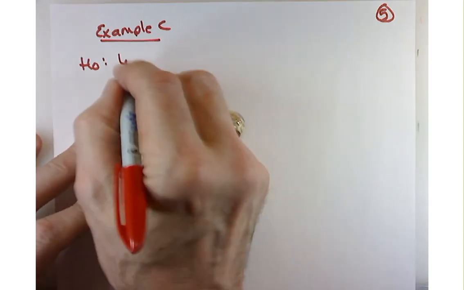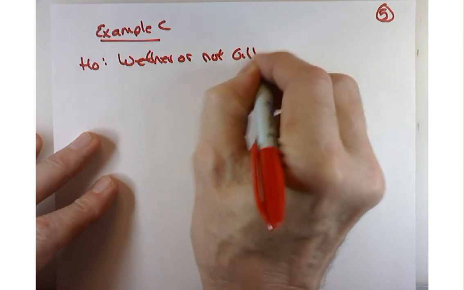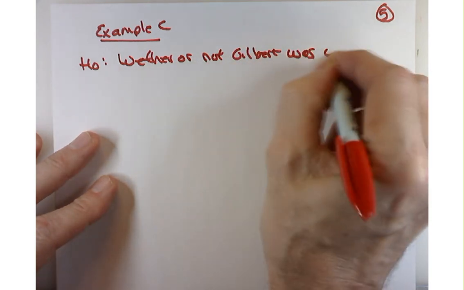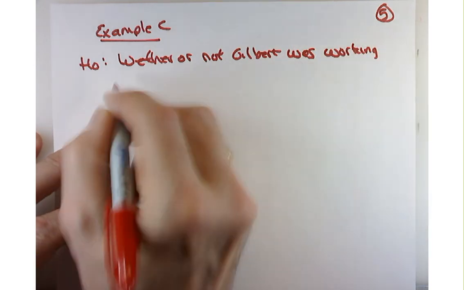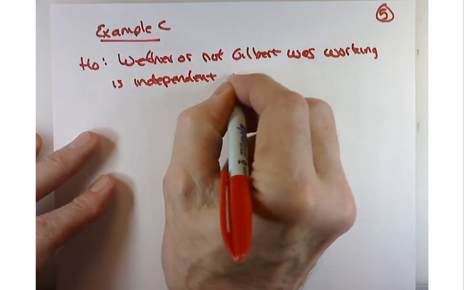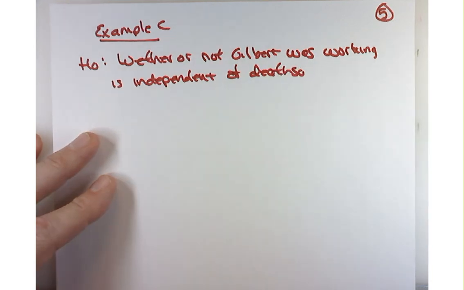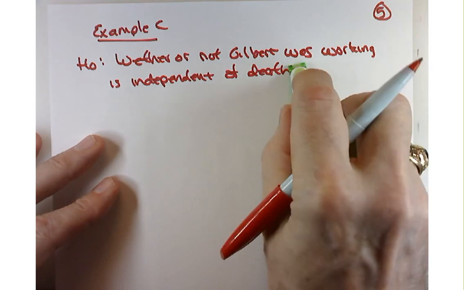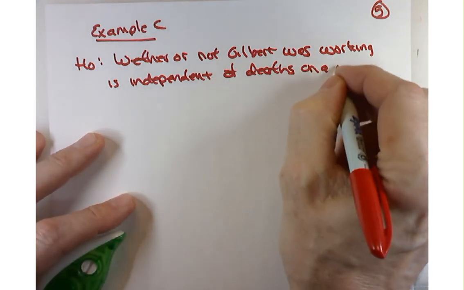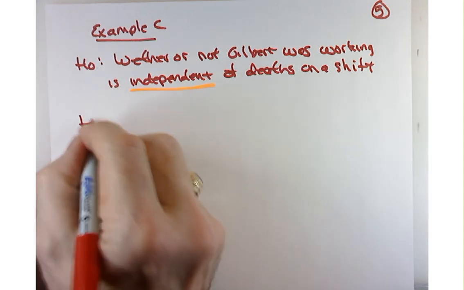So whether or not Gilbert was working is independent of deaths on a shift. Okay, so that's good. Has my needed buzzword here. It describes the row and column variables adequately.